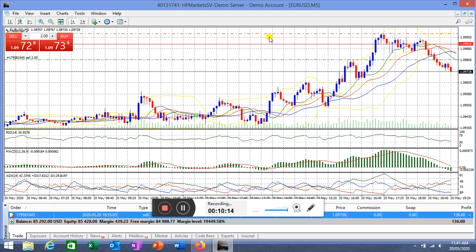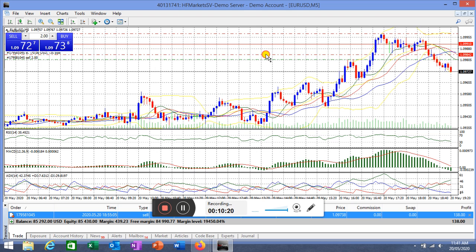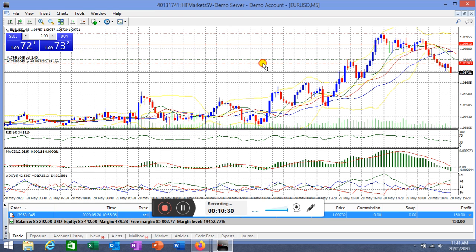I'm just going to put in my stop loss here, and we're going to bring it down here. You have to be careful with your stop loss, because we have seen that when you put your stop loss too tight, it stops you out too early.